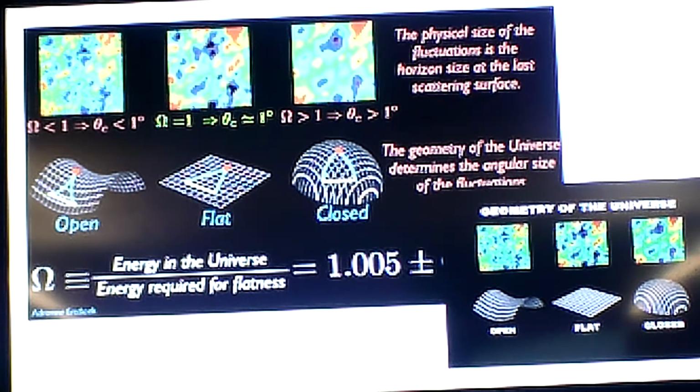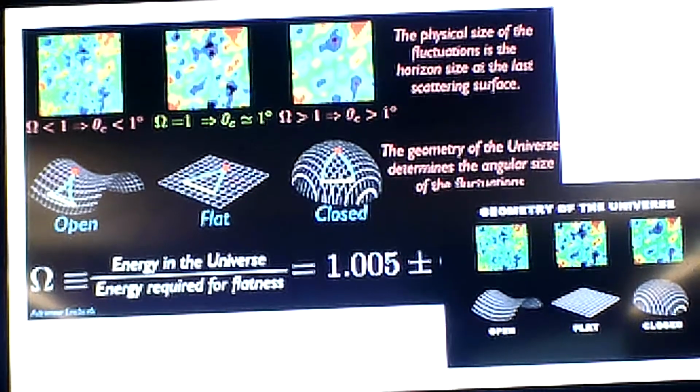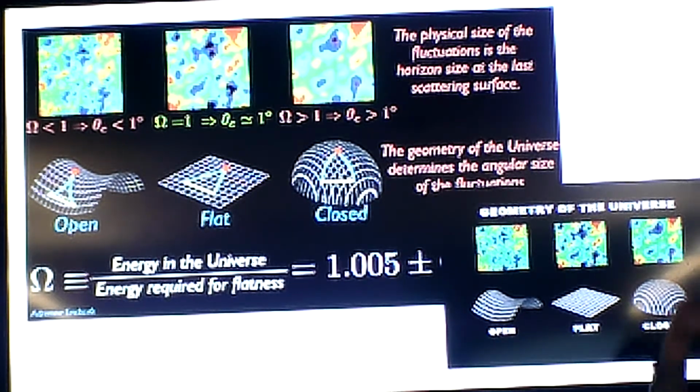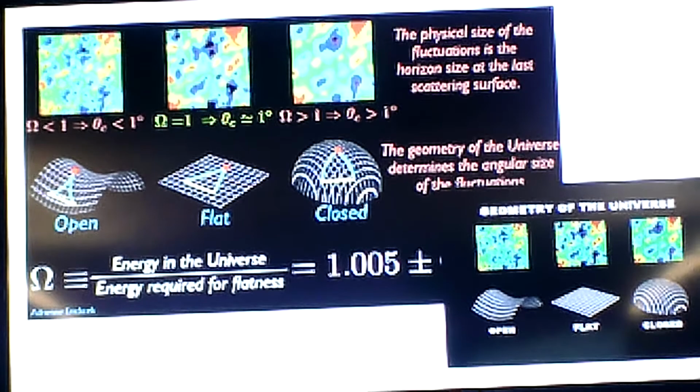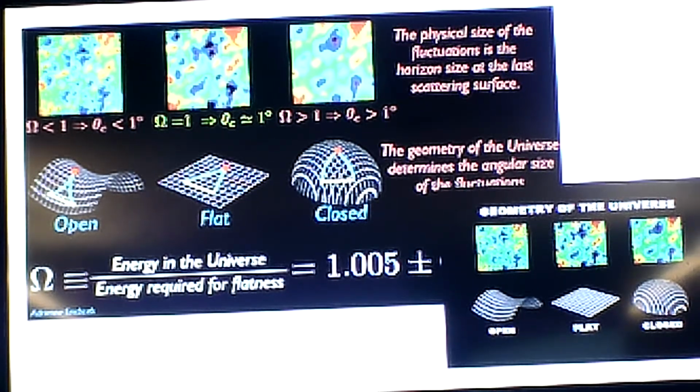That's what these colors are coded to mean. So the difference in temperature between the coldest and warmest spots in the background radiation is only a few parts per 100,000. Very hard to detect, and there's a Nobel Prize for making the first measurement of this from the ground, and 10 years later, another Nobel Prize for doing even better measurements from space. And right now, all the results show that the geometry of our universe is what we call flat.